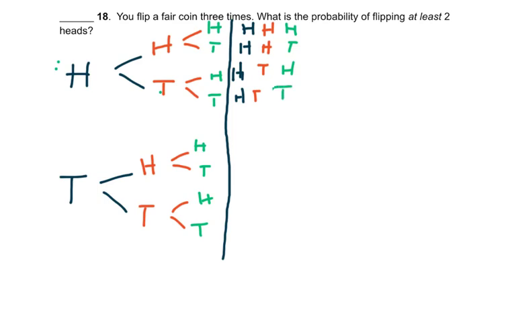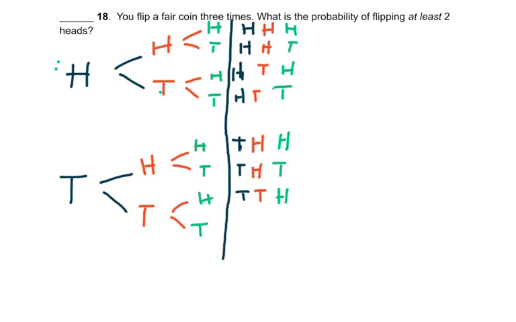Alright, let's do the other outcomes, what if we landed on tails first. Well, it could be tails the first time, heads the second time, and heads the third time. Or it can be tails the first time, heads the second time, and tails the third time. My seventh option is tails the first time, tails the second time, and heads the third time.